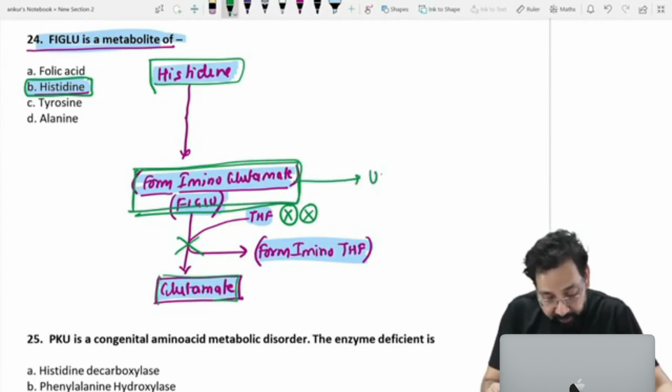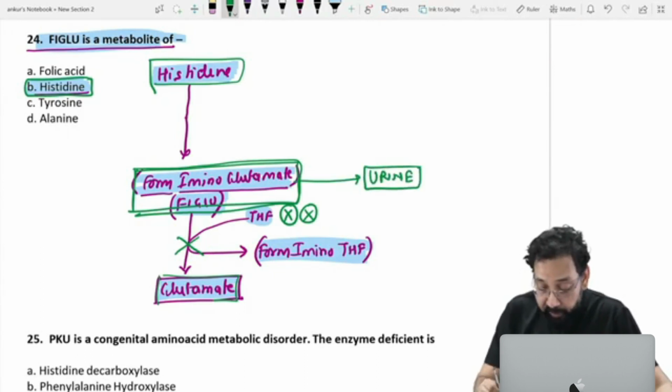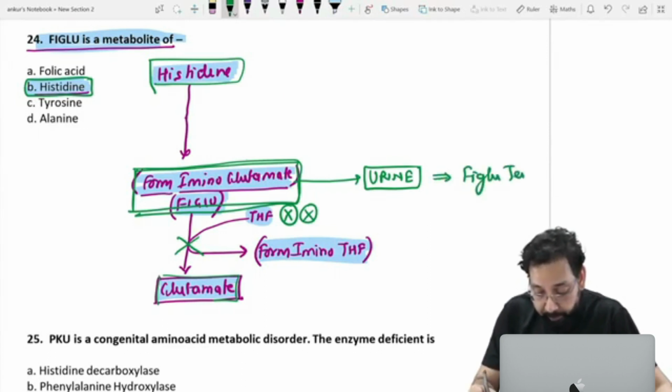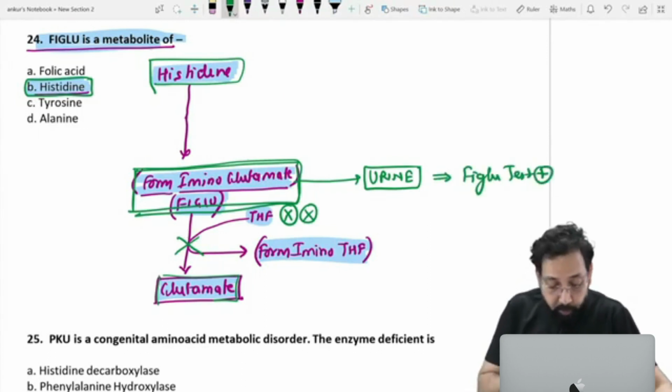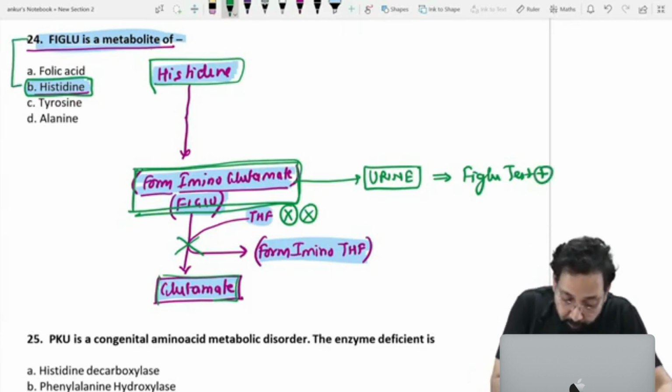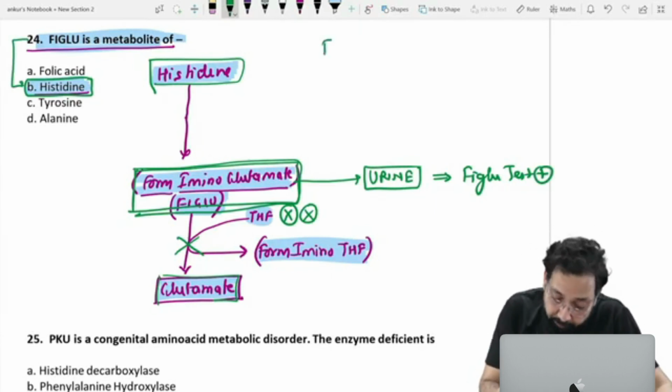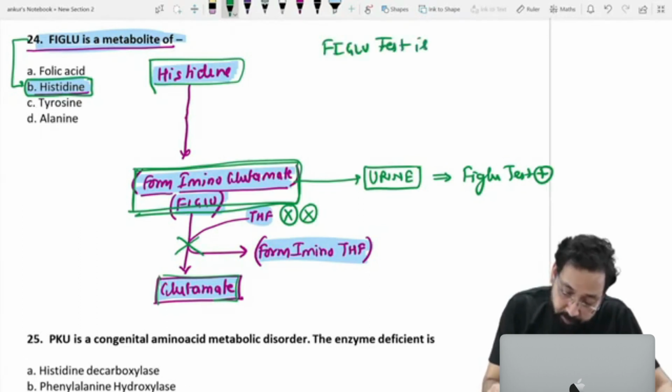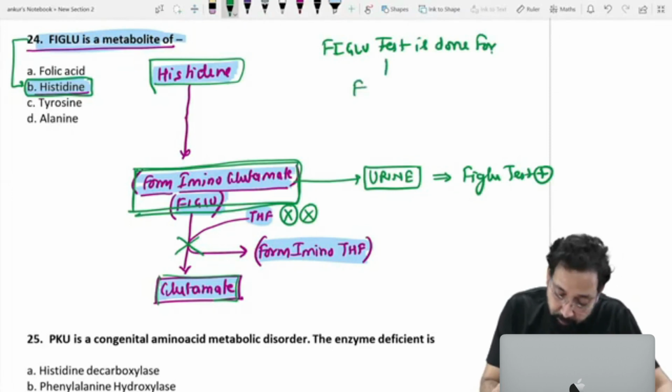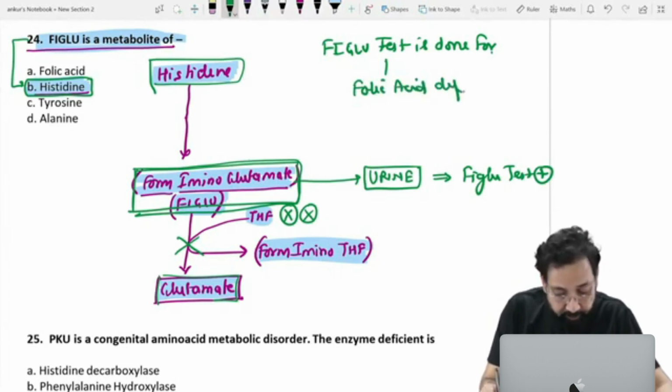Figlu will be excreted in urine. We say Figlu test positive. So if the question asks, Figlu is a metabolite of histidine and Figlu test is done for, then the answer would be folic acid deficiency.